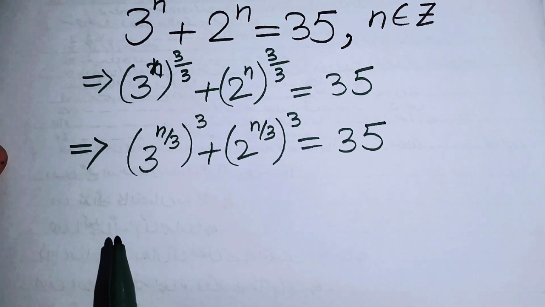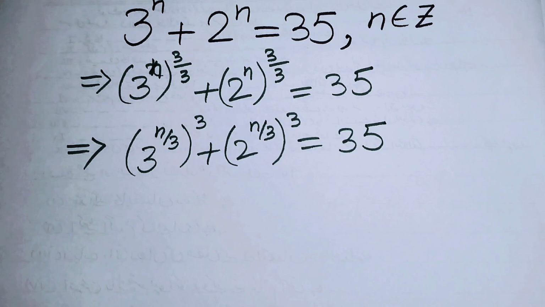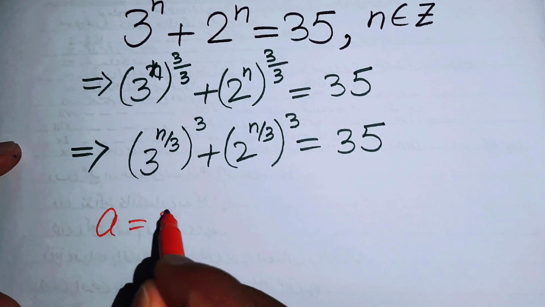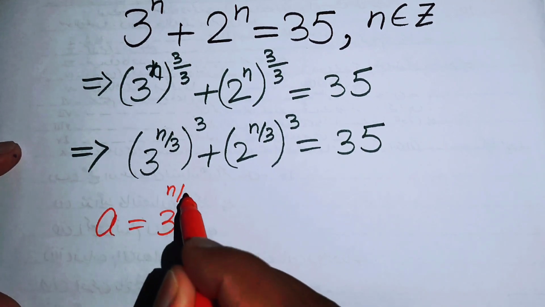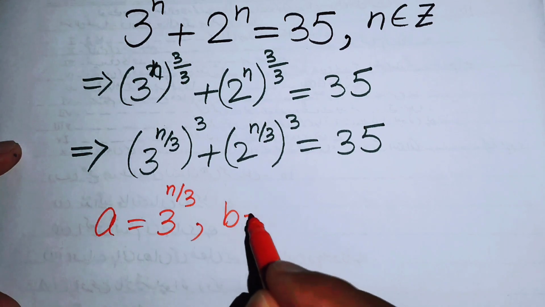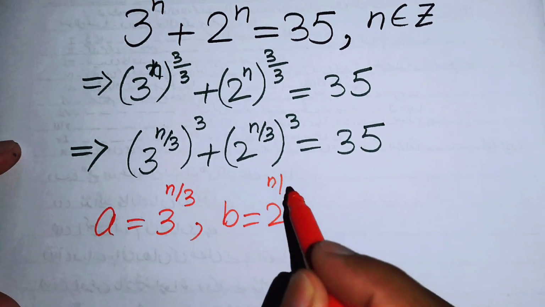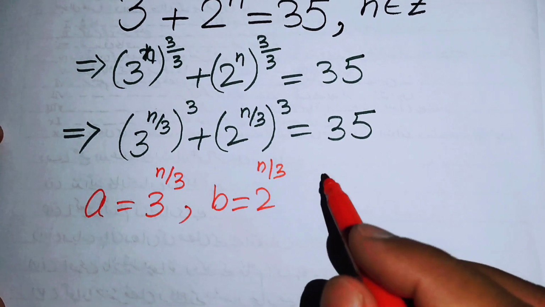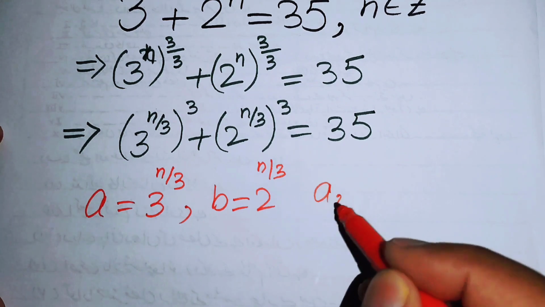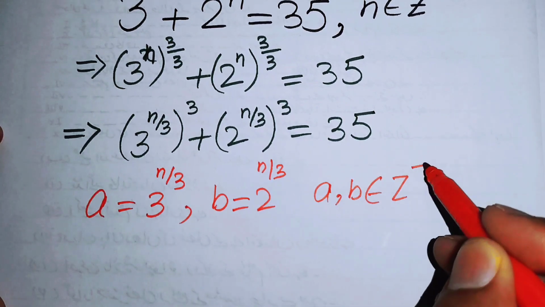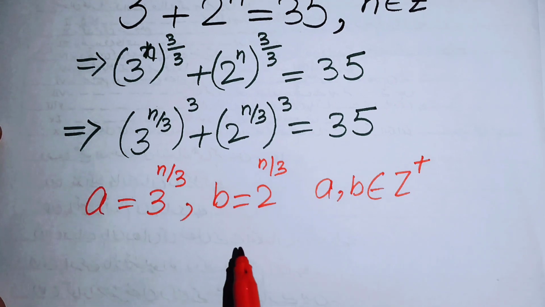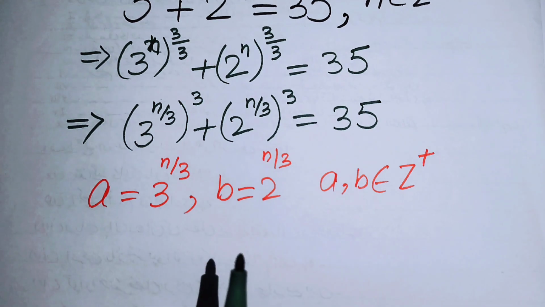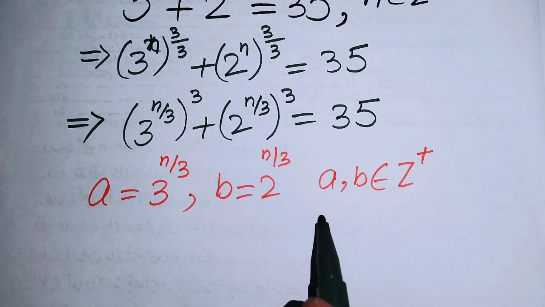I can take a is equal to 3 to the power of n over 3, and b is equal to 2 to the power of n over 3, and I can apply the condition that a and b must belong to the positive integers, because these are exponentials, which always give positive values.